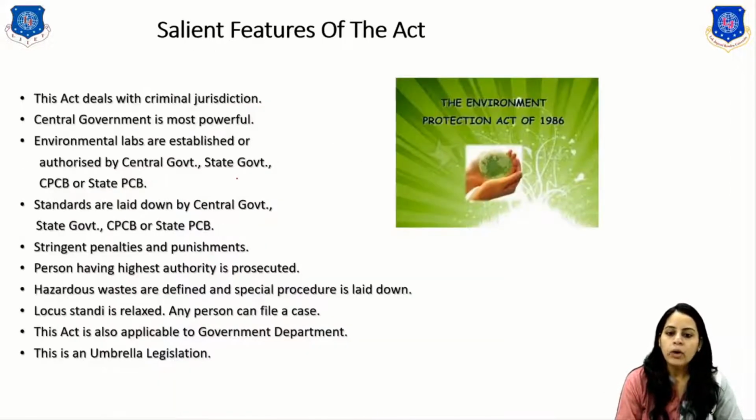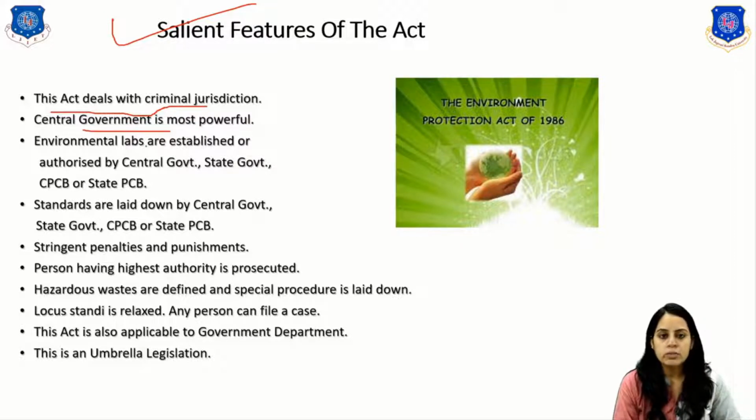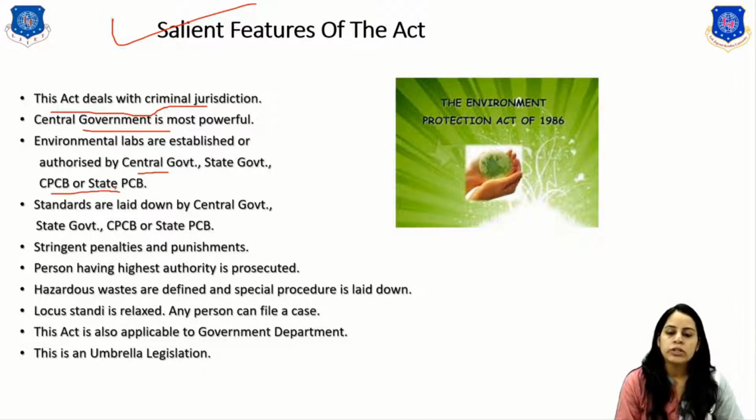Now the features of this Act. It deals with criminal liability. The central government is the most powerful. Environmental labs are established or authorized by the central government, state government, CPCB, the Central Pollution Control Board, and the State Pollution Control Board.